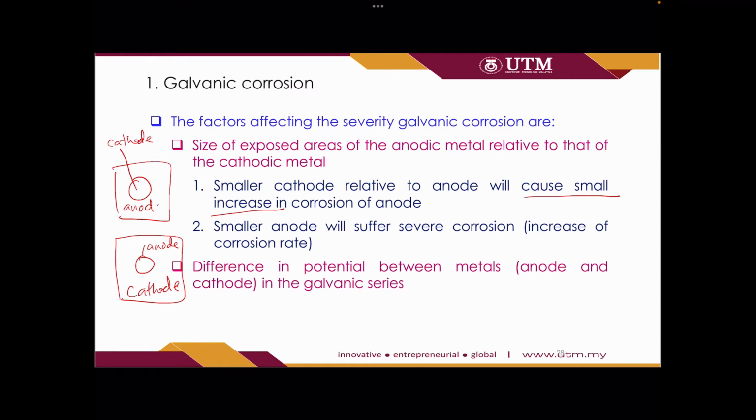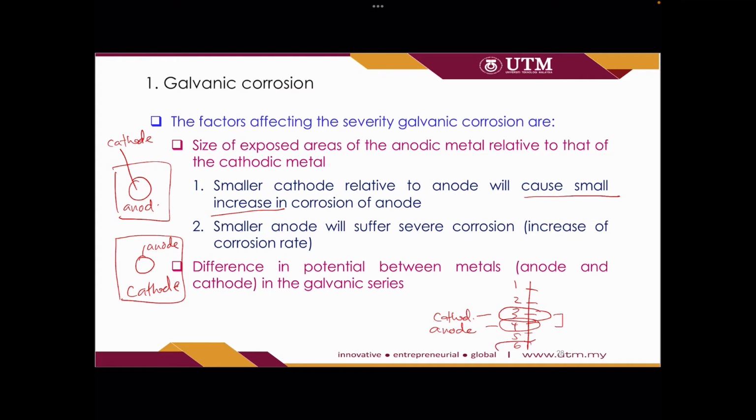So if you want to choose from the series, let's say there are 1, 2, 3, 4, 5, 6 metals or alloys in the series. Let's say this is your cathode, and now you want to choose the anode material. The anode material is somewhere below. If you need to choose different materials, you need to choose an anode which is just below the cathode material.